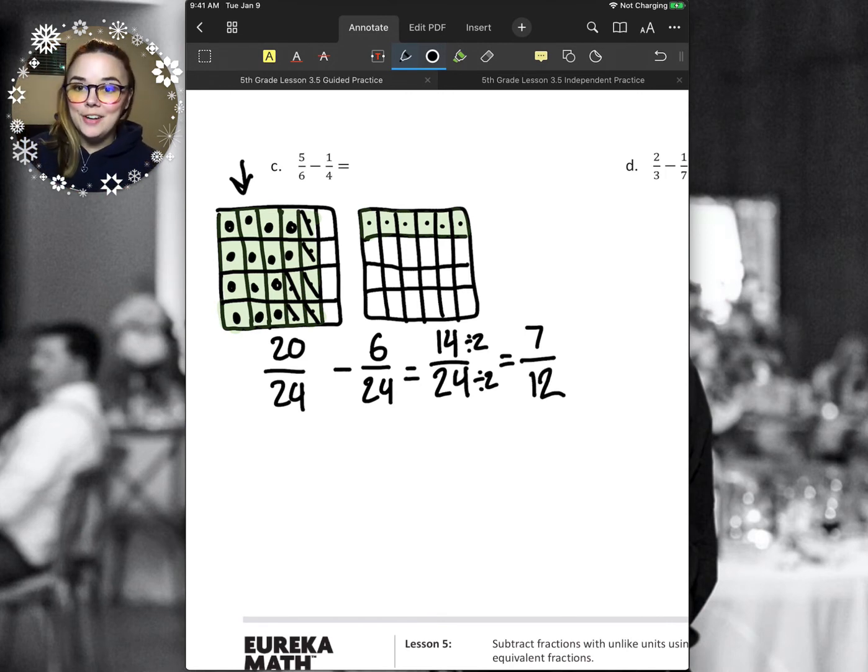Those are equivalent fractions, 14 24ths and 7 12ths. So if you get to a number that is even or looks like both numbers are divisible by the same number, then I want you to challenge yourself to create the smallest possible equivalent fraction, or simplify or reduce your fraction.